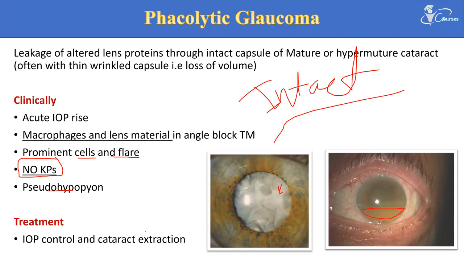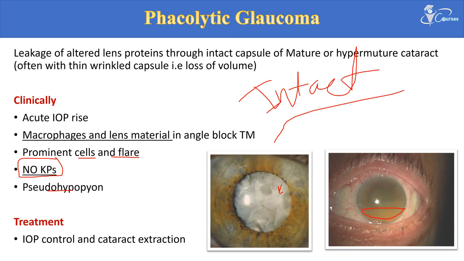Pseudohypopyon is common, and the treatment for all lens-induced glaucoma is intraocular pressure control, inflammation control, and cataract extraction. So again, for the scenario, when the question asks what is your next step, what is your immediate management, it is not cataract surgery.